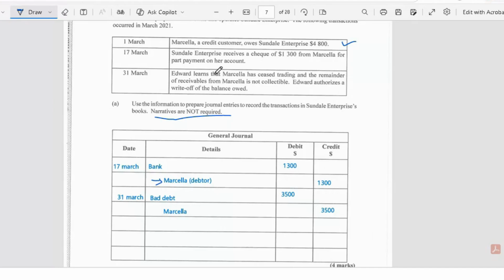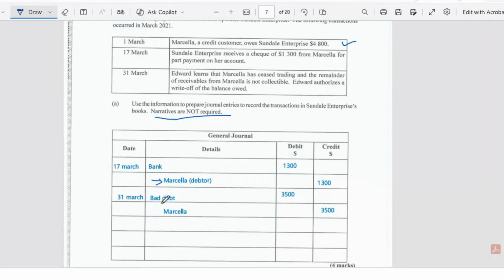On the 31st, Edward learns that Marcella has ceased trading and the remainder of receivables from Marcella is not collectible. So Edward authorizes a write-off of the balance. Now, when we write off a debt balance, we call it bad debt. Bad debt is an expense in business and it is usually debited.